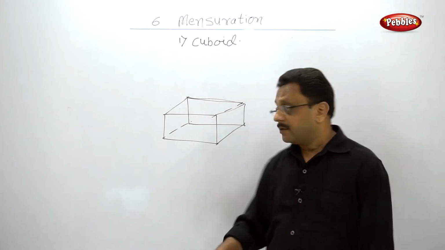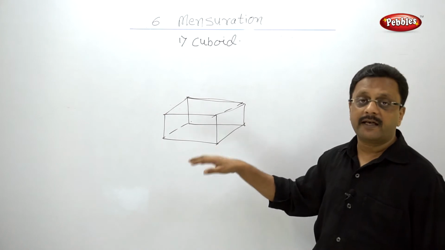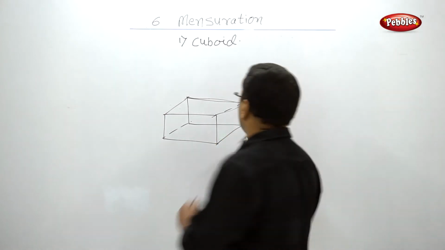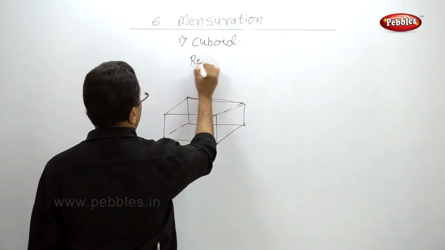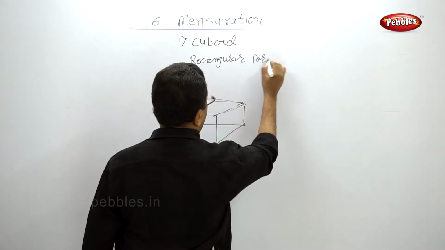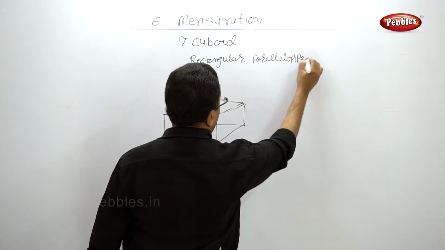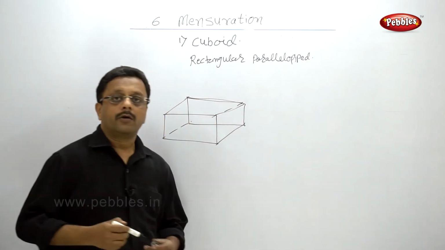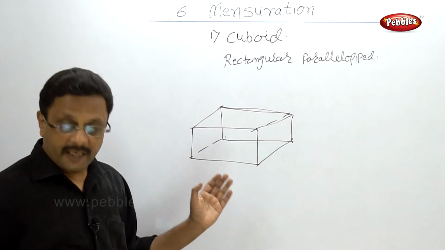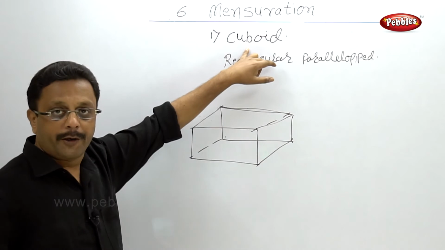But when these faces are rectangles, in that case it is called a rectangular parallelepiped or cuboid. So whenever these faces are rectangular, it is called a rectangular parallelepiped or cuboid.